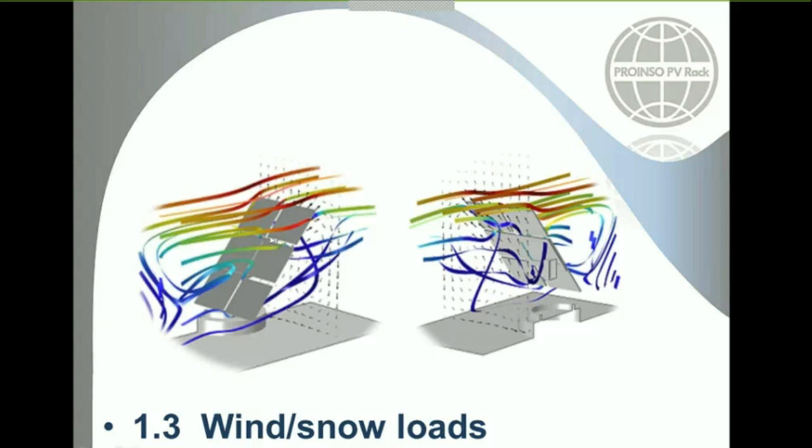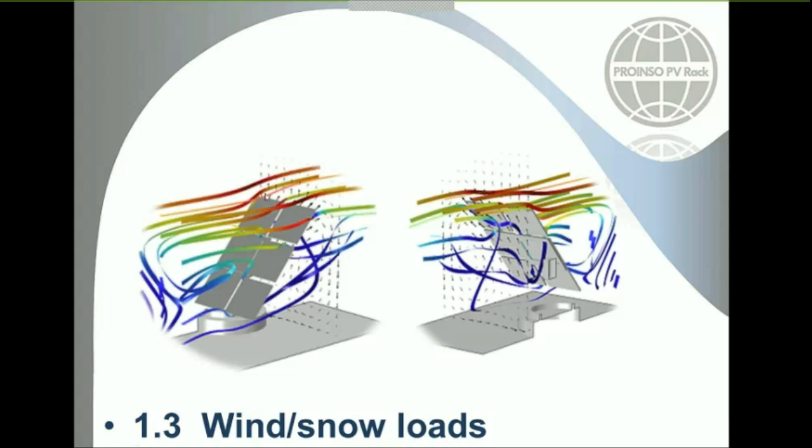But you can see here how the forces against the wind loads work. If we have some free space at the back of our modules, maybe we will have some uplift forces. Obviously, I think here in South Africa you will not have any snow loads, so we are not going to talk about snow loads in this case.